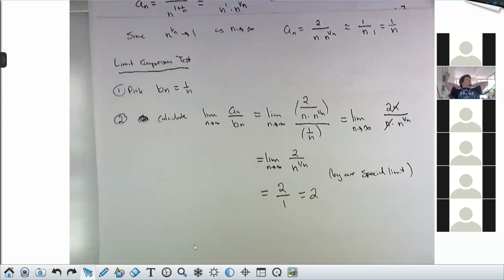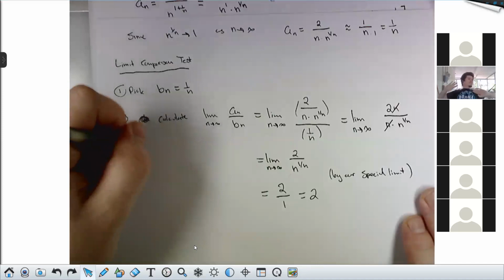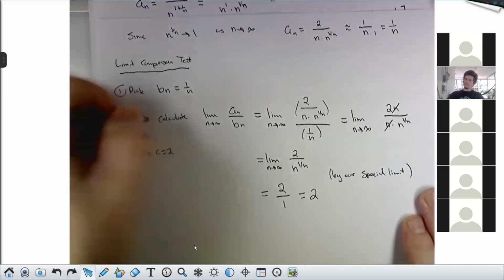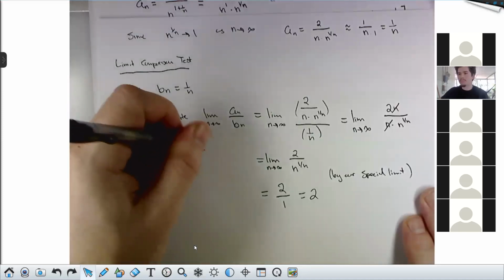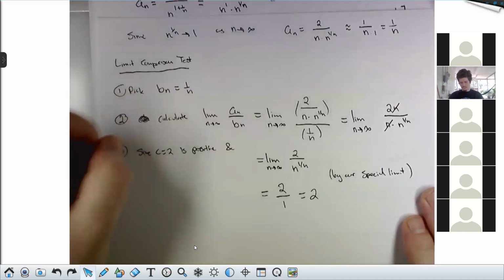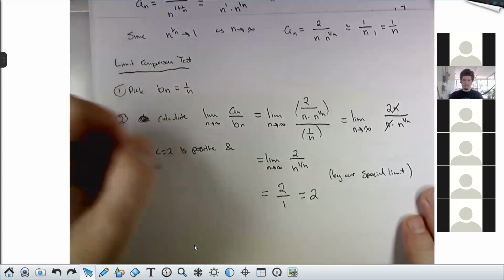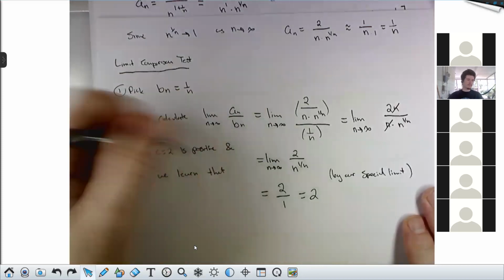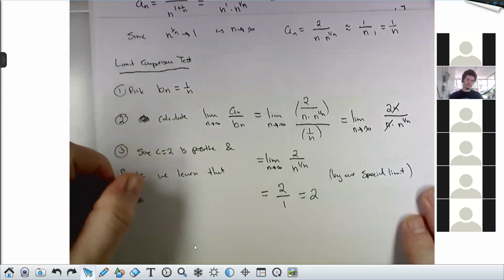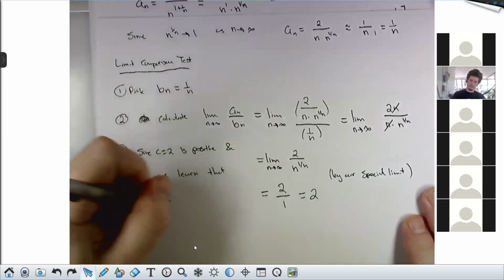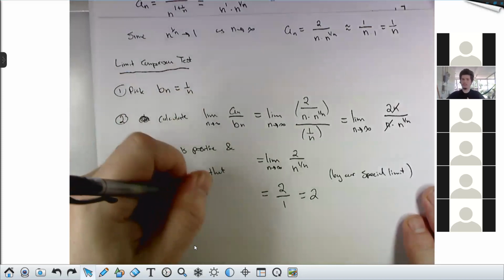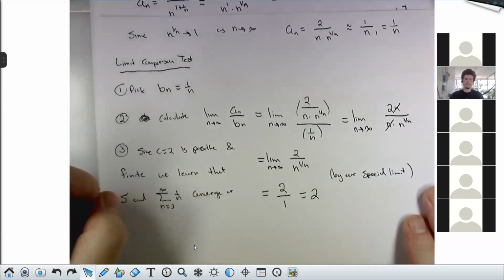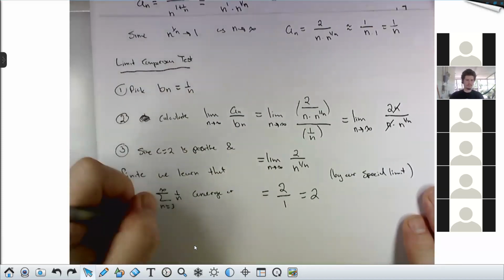So now I say since c equals 2 is positive and finite, we learn that the series of a_n and the sum from n equals 3 to infinity of 1 over n converge or diverge together.